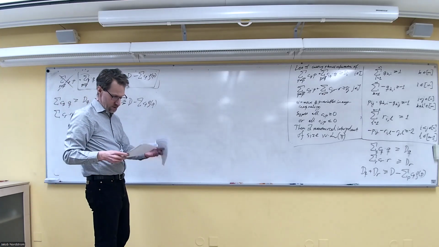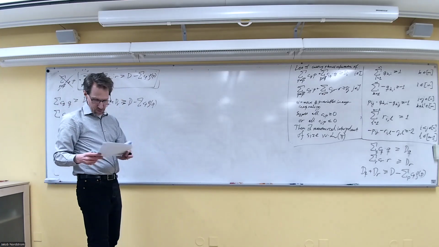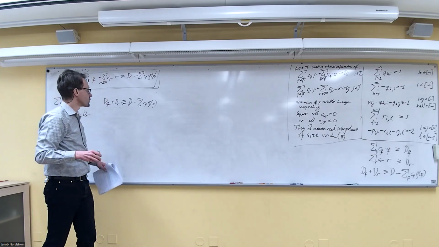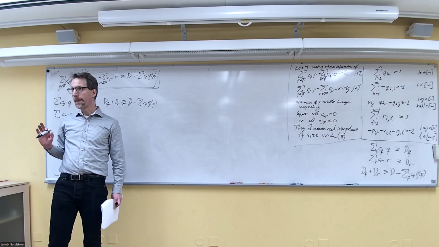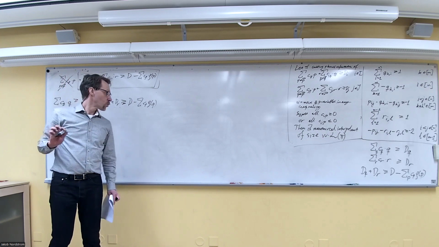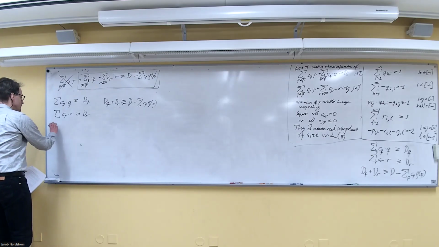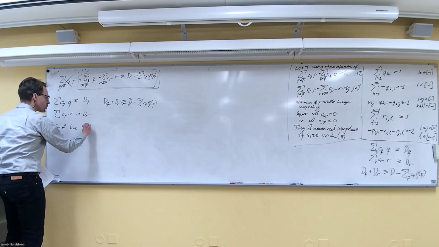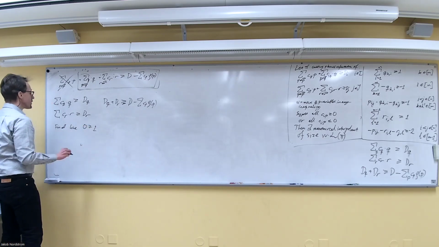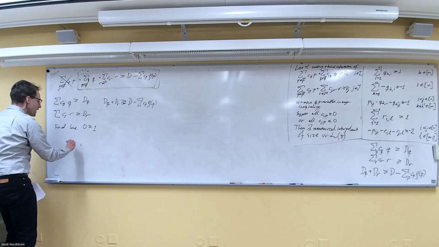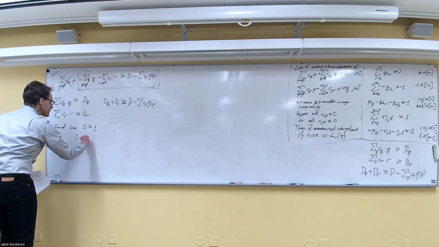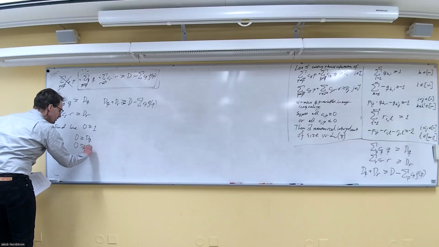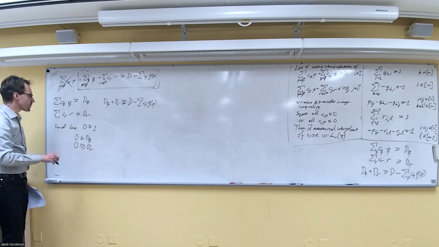And now, suppose I can do this. Why should I be happy? Well, the final line is 0 greater equal 1, right? So then I'm going to get 0 greater equal DQ, and 0 greater equal DR. This is how I'm going to split it.